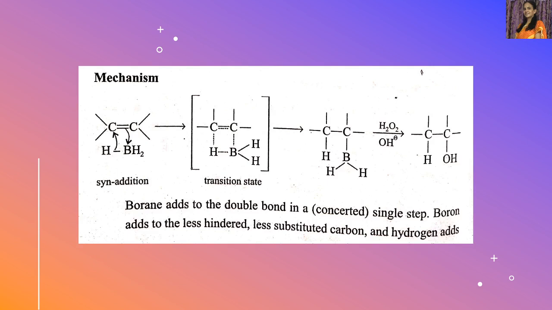Thus we get alkyl borane, which in presence of an alkaline medium with the help of hydrogen peroxide undergoes oxidation to form alcohol. So in alkaline medium, hydrogen peroxide oxidizes alkyl boranes to alcohols. Now, here borane adds to the double bond in a concerted single step.